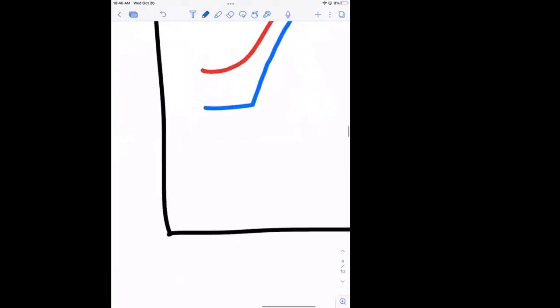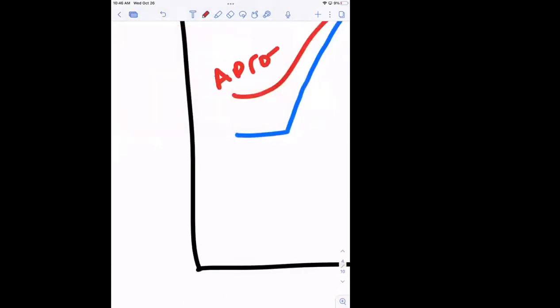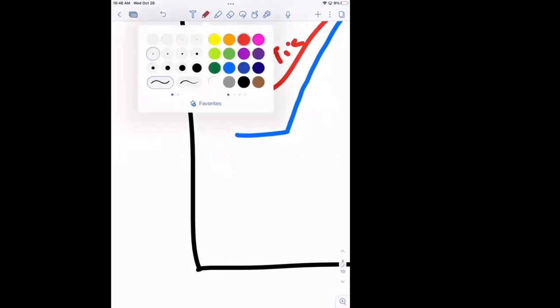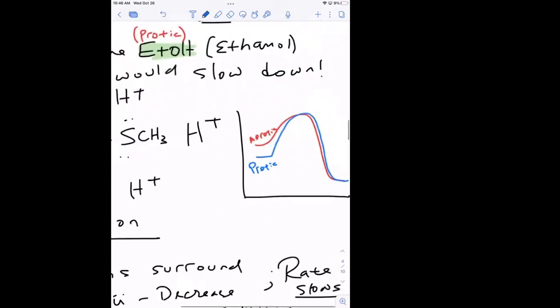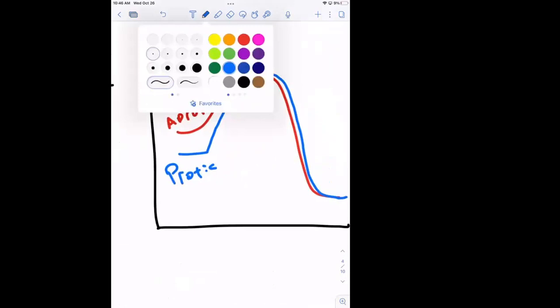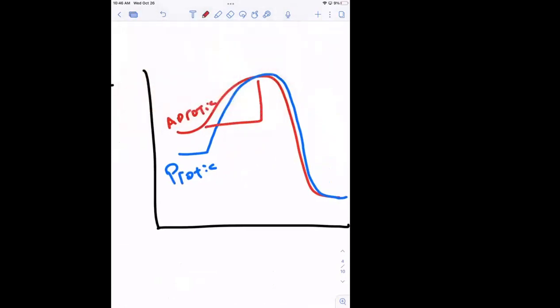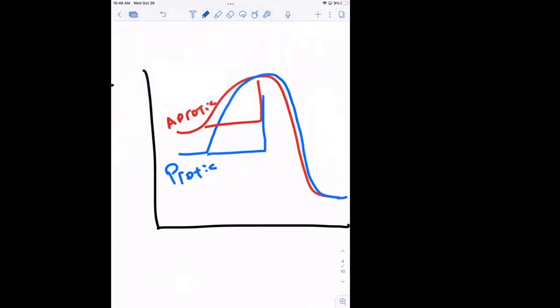So the red curve is aprotic, and then the blue curve is protic. Which one of those has the higher activation energy? Let's look at it. Same transition state, that doesn't change.